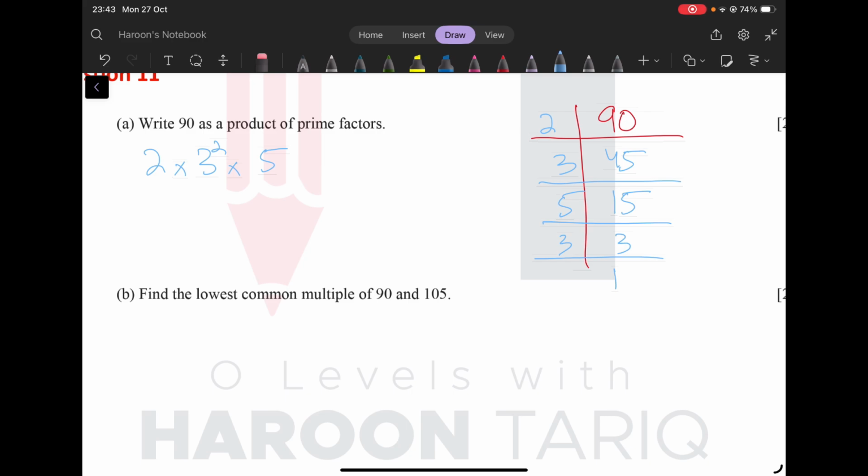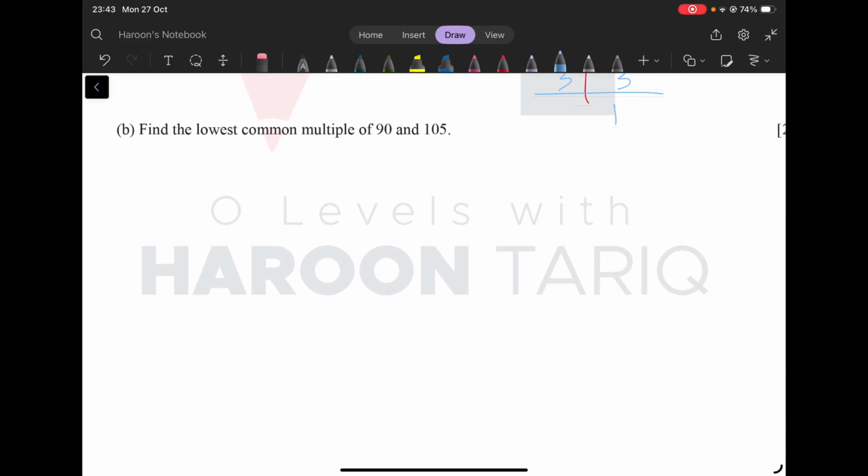Now find least common multiple, or basically LCM of 90 and 105. So 90 over here, 105 over here. Let's try to find this. Maybe I can take 5. So this would be 18 times, and this would be 21 times. I can take 3. This would be 6. This would be 7.